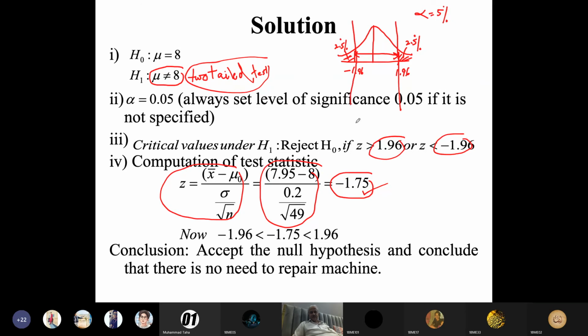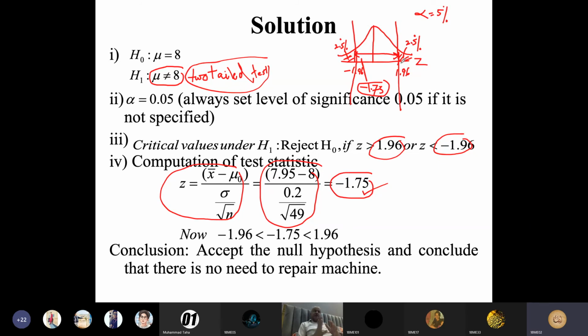The line is a bit crooked, but the decision making line is straight. Now -1.75, where does it lie? Am I right? This value on the number line. So what do you say?